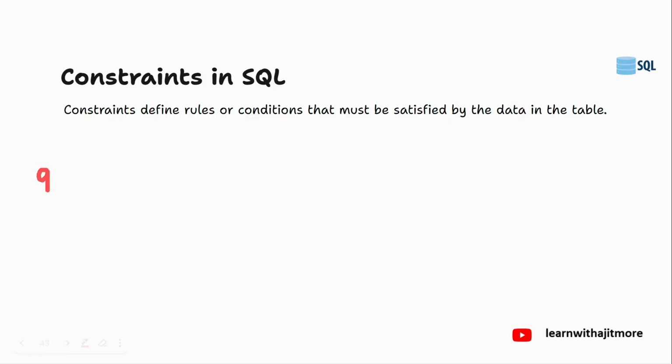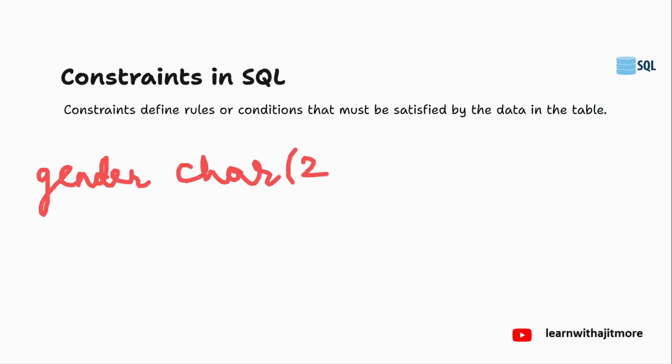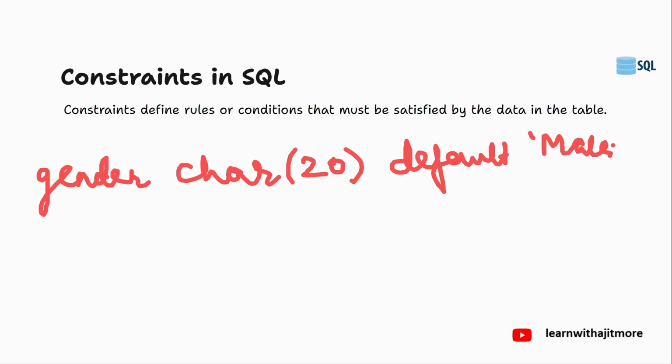Understanding? Like there is one column called gender, and here you're giving default male. So whenever you are adding the record and you're not giving any value for gender column, automatically it will take the default value.